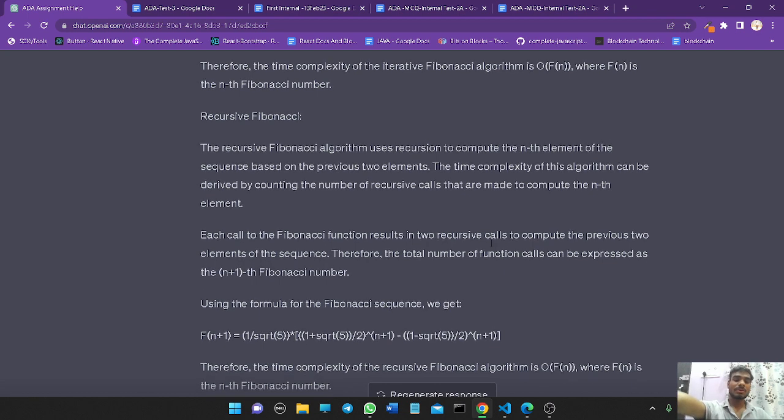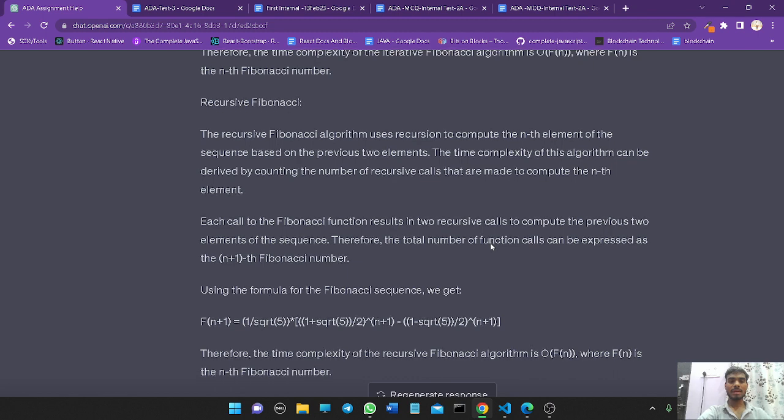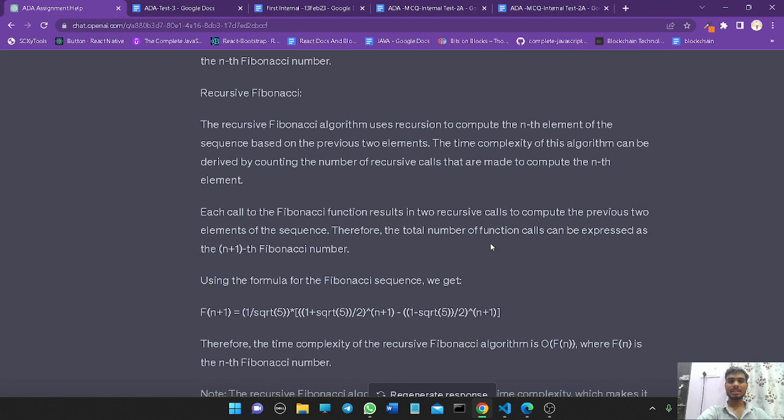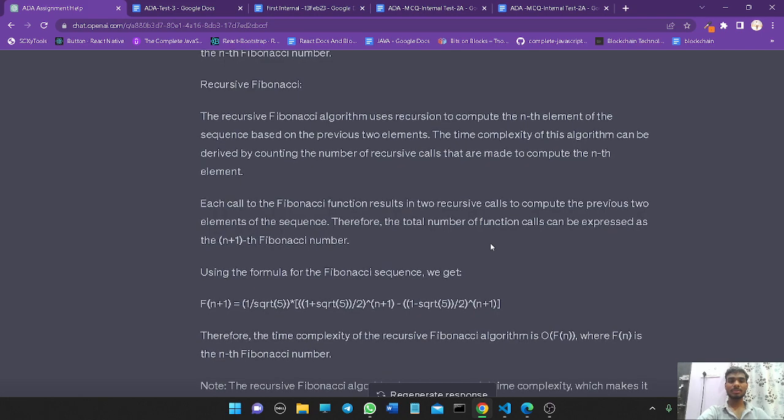Recursive Fibonacci: the recursive Fibonacci algorithm uses recursion to compute the nth element of the sequence based on the previous two elements. The time complexity of the algorithm can be derived by counting the number of recursive calls that are made to compute the nth element.